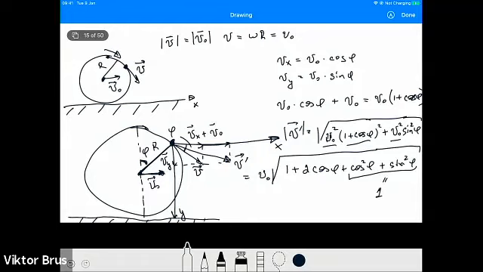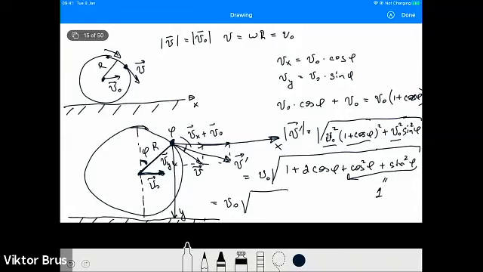So we have linear velocity of the point because of uniform rotation, and also another velocity which is along the axis x because of rotation of the wheel itself. So it happens along one dimension.